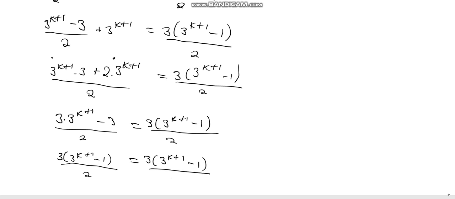Everything divided by 2 here. So we've shown to say that the left hand side is equal to the right hand side. So now if this is the case here, then we can just conclude to say, therefore this is true for n equals to k plus 1.